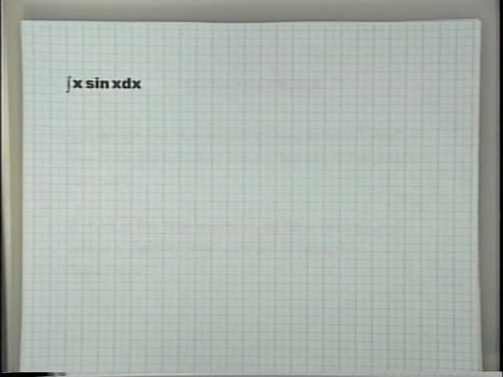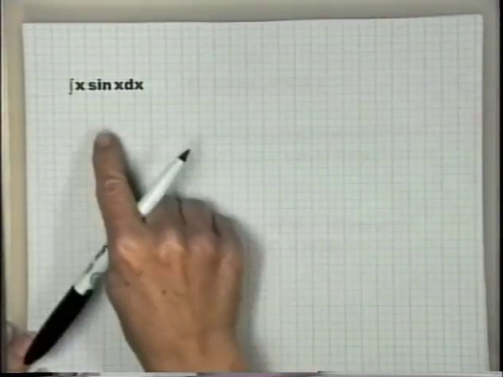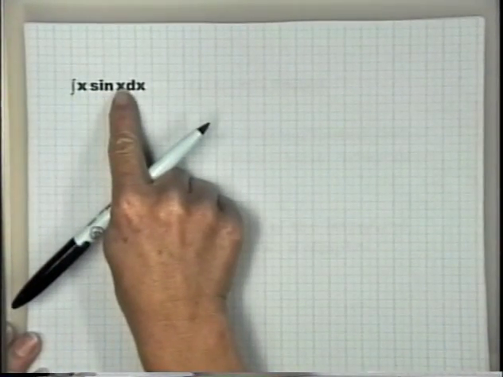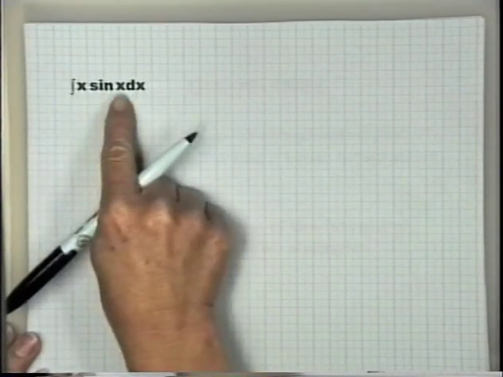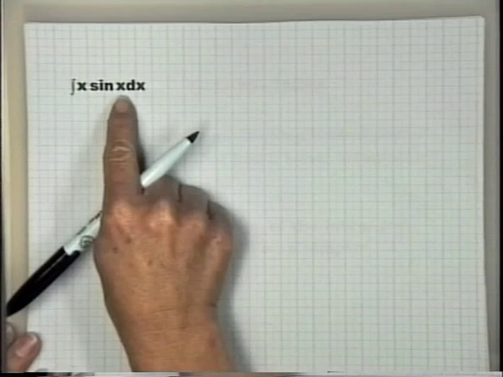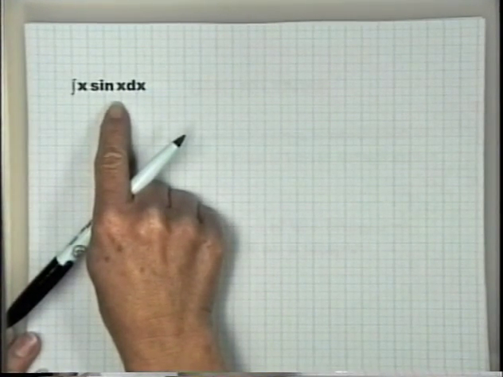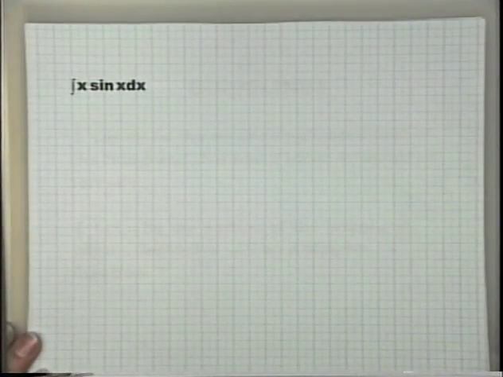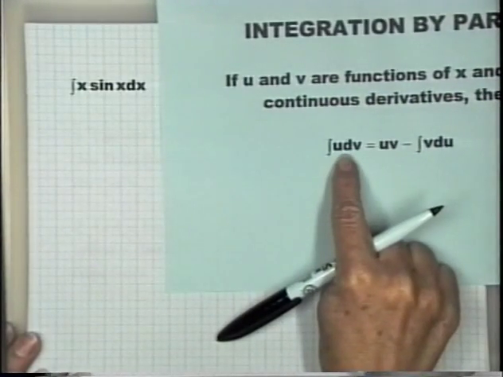The first example that I'm going to do is to find the antiderivative, or the integral, of x times sine x dx. Now, a u substitution will not help us with this example. So what we're going to do is set it up in that parts format. Now, I want to comment a little bit about the initial part. We're starting right here.